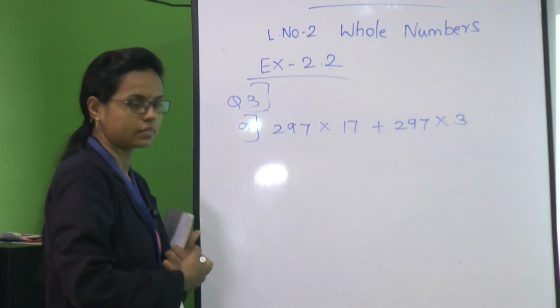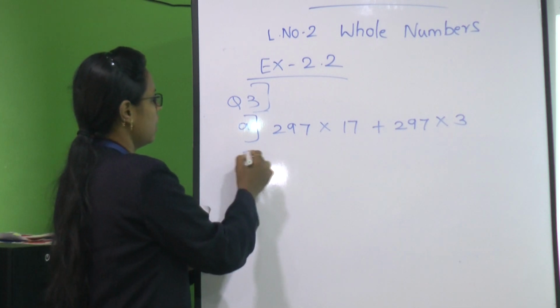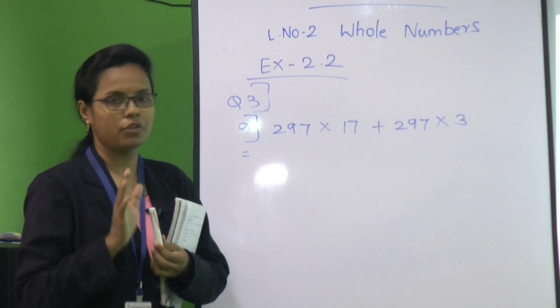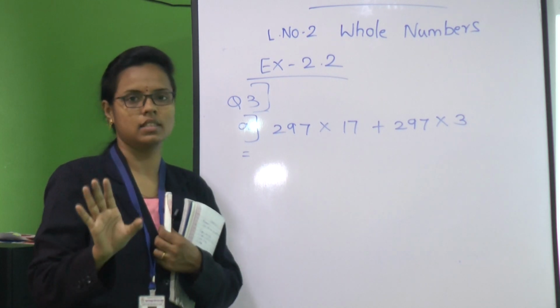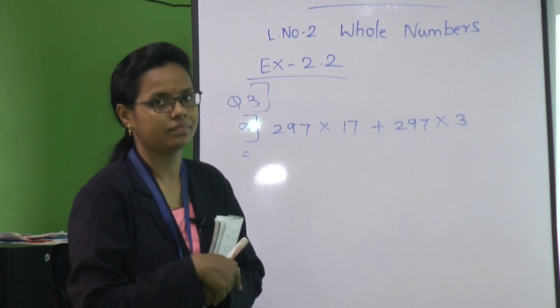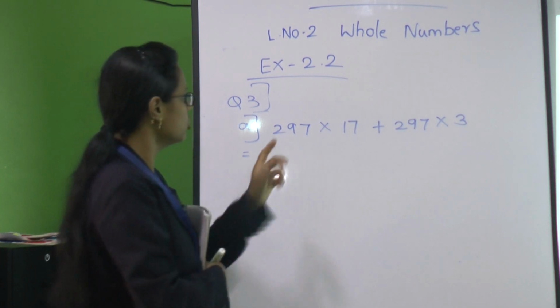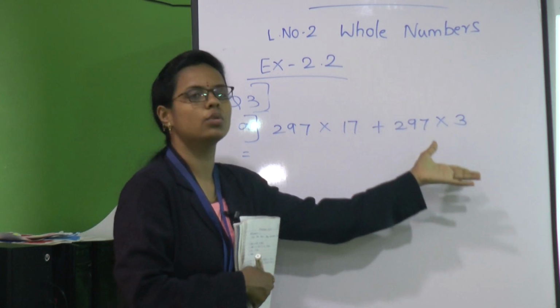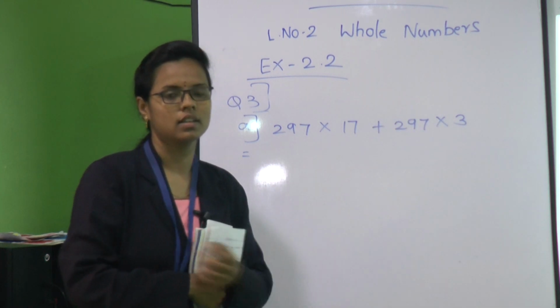Okay. See here. Now what things can you find in this question? You have to find the value, the exact answer or the result of this question. How will you find? You will multiply 297 into 17 and then 297 into 3 and then you will get the answer.